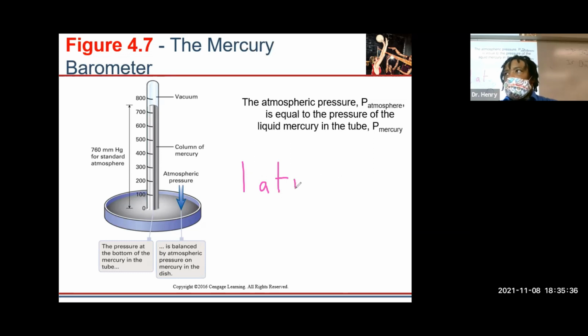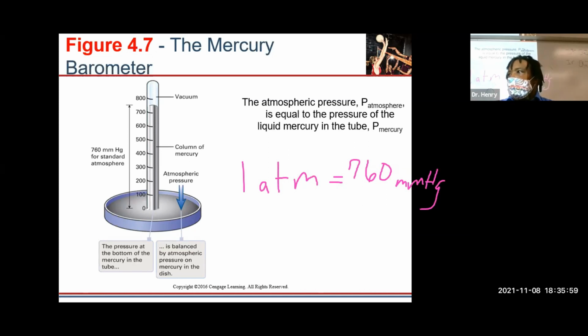ATM stands for atmosphere, right? 1 atmosphere is going to be equal to 760 millimeters of mercury, right?